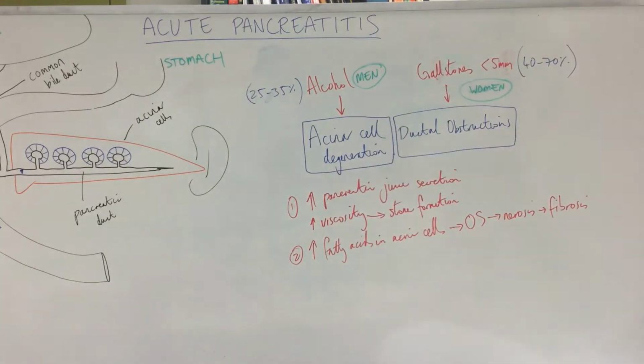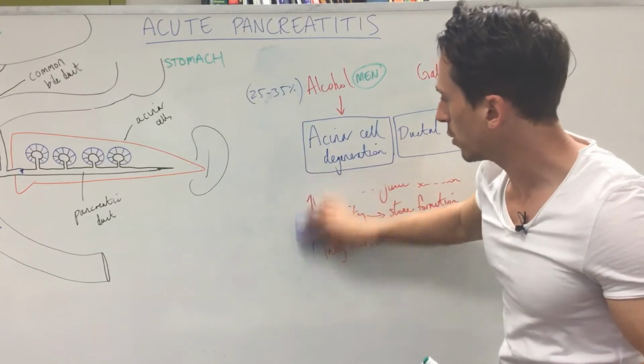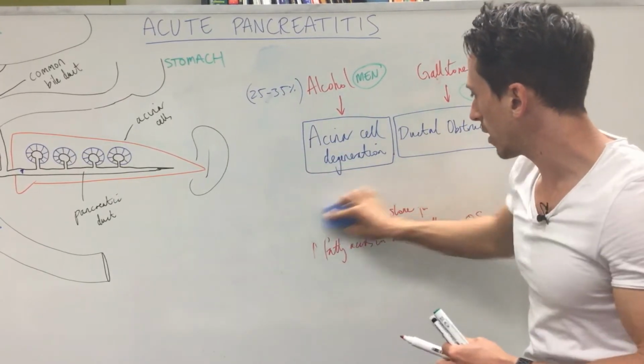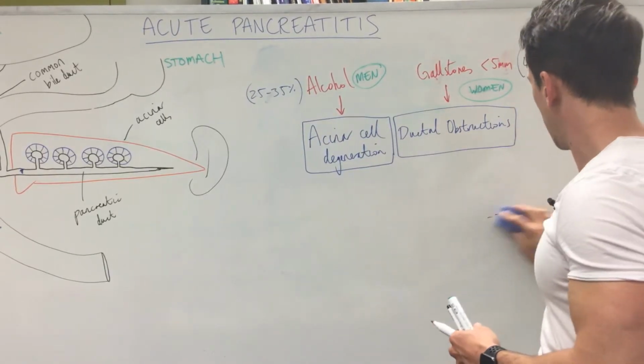So again, these are the two most common causes. They're not the only causes of acute pancreatitis. What's the third most common cause of acute pancreatitis? Well, it's something called hypertriglyceridemia.